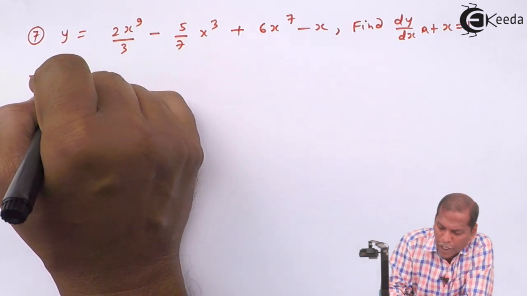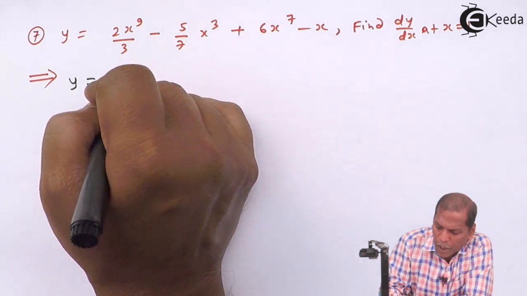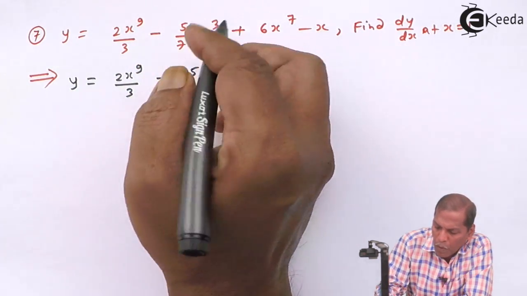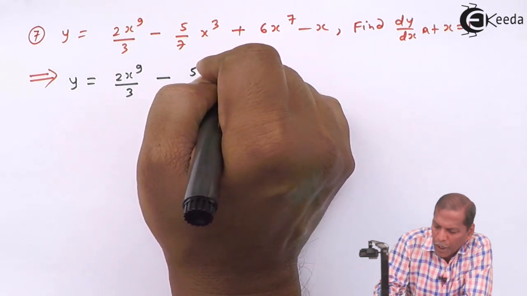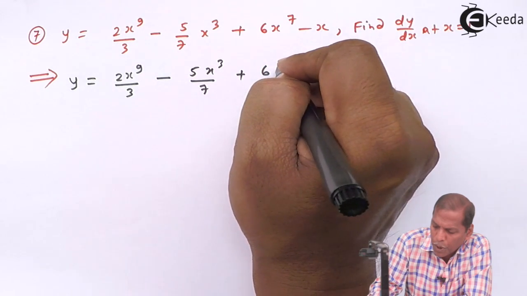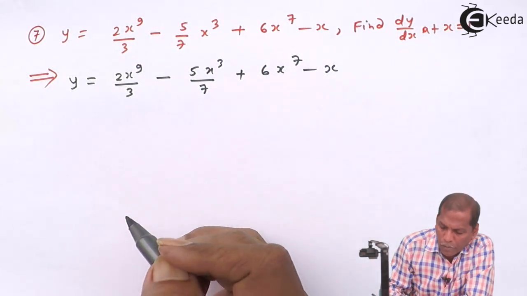First of all, we start with y equal to 2x^9/3 minus 5x^3/7 plus 6x^7 minus x.